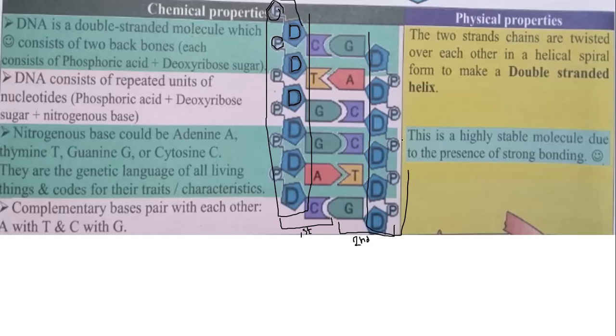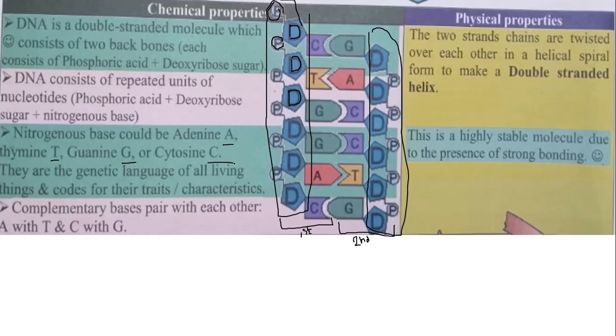So this is the backbone of the first strand, and this is the backbone of the second strand. Also, we have a bond between deoxyribose sugar and a nitrogenous base, which are adenine, thymine, guanine, or cytosine. So we have four nitrogenous bases, abbreviated ATGC.